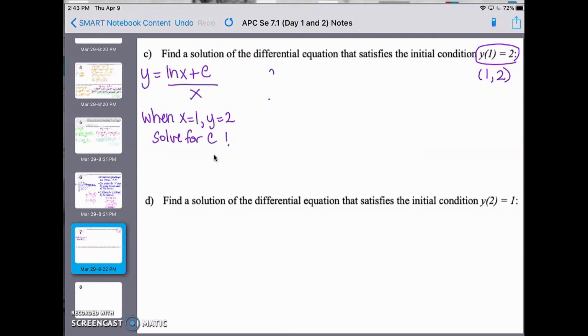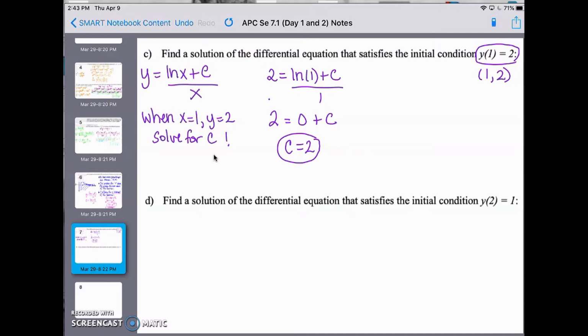Y is 2, so I'm going to plug in 2 for y, equals x is 1 over 1. Well, ln 1 plus c divided by 1 is just ln 1 plus c, right? So we end up with 2 equals, and the natural log of 1, well, that's 0. So we end up with 2 equals 0 plus c, which tells us that c equals 2, which was what we suspected when we looked at that graph, right?